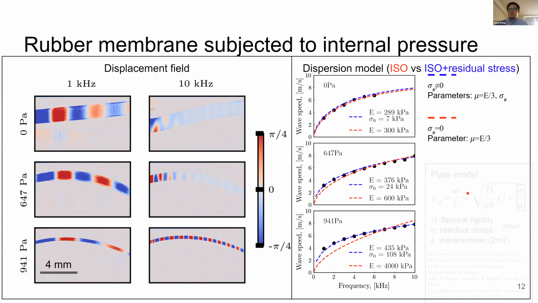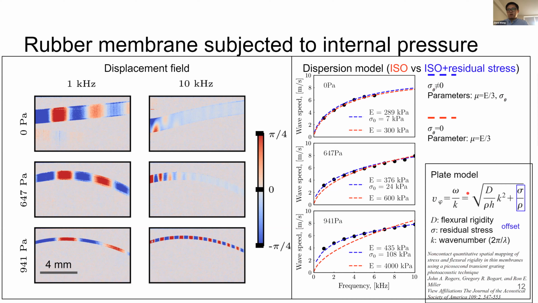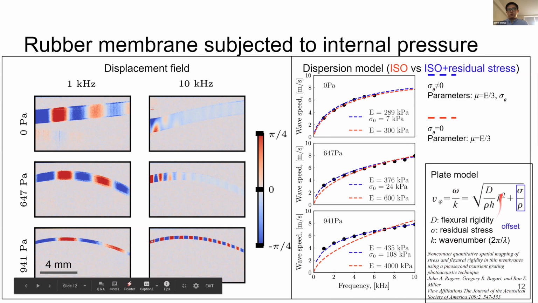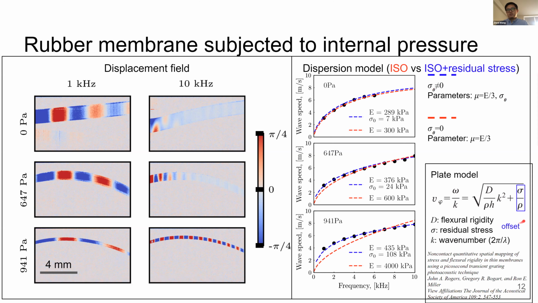I think this can be explained by the simple plate model, a stressed plate model. This is the wave speed in terms of the flexural rigidity, the residual stress, and the wave number. At zero frequency, we can see that the residual stress acts as an offset to the wave speed.